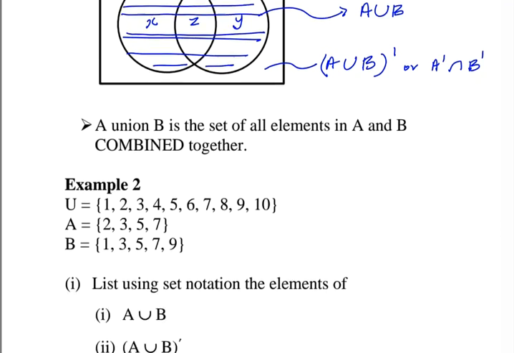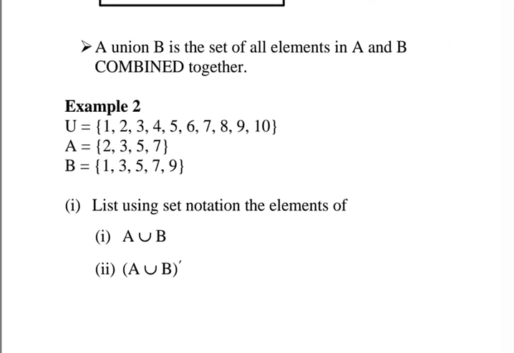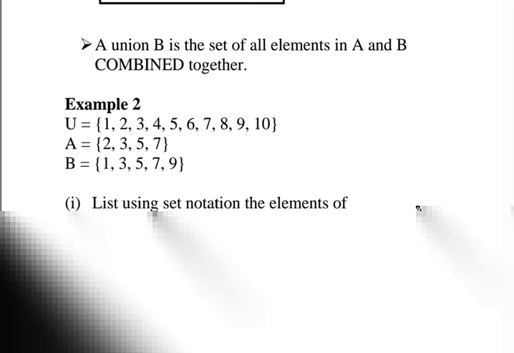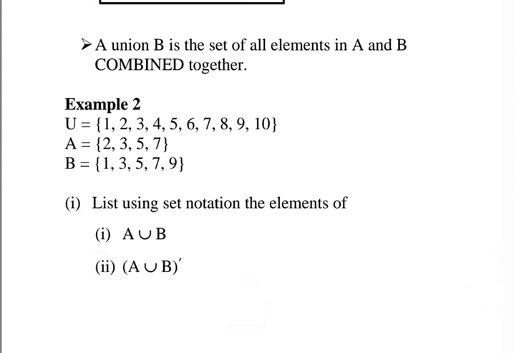Let's have a look at this example. Now in example 2, we're told that the universal set U is the set of counting numbers from 1 to 10. A is the set of even numbers. B is the set of odd numbers. The first thing we're asked to do is to list, using set notation, the elements of A union B. Remember, you get A union B when you combine A and B together.